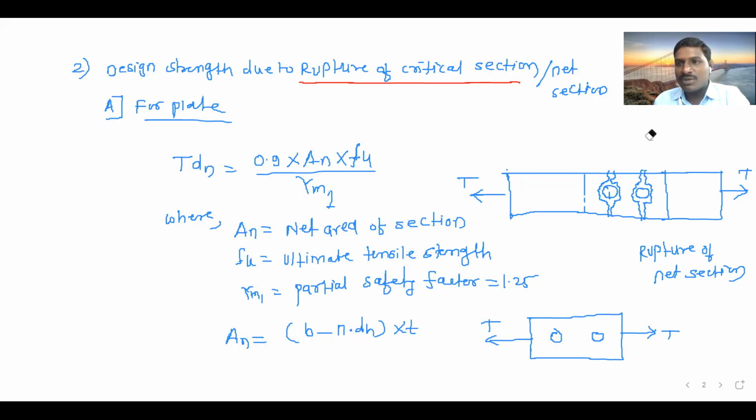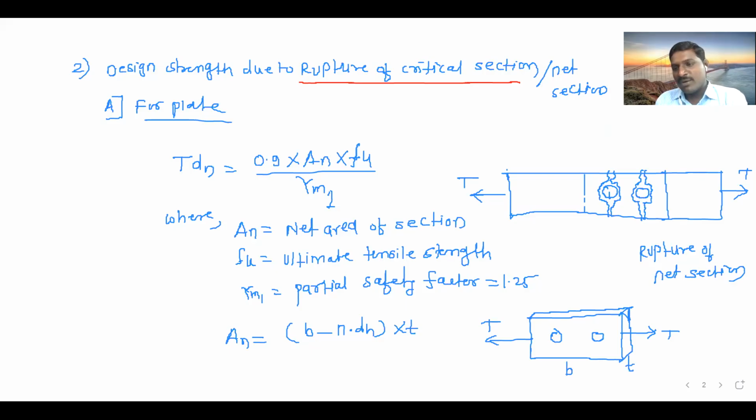So we find out the strength of the cross-sectional area. Cross-sectional area means this is your plate. This is your thickness and this is your width.